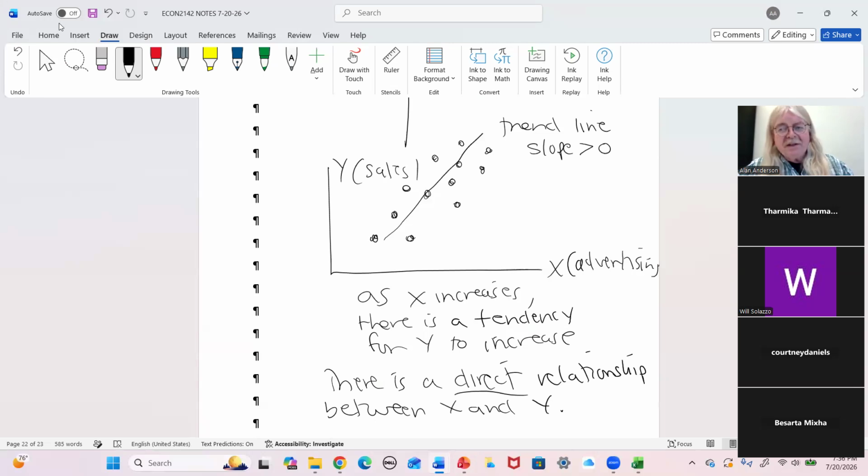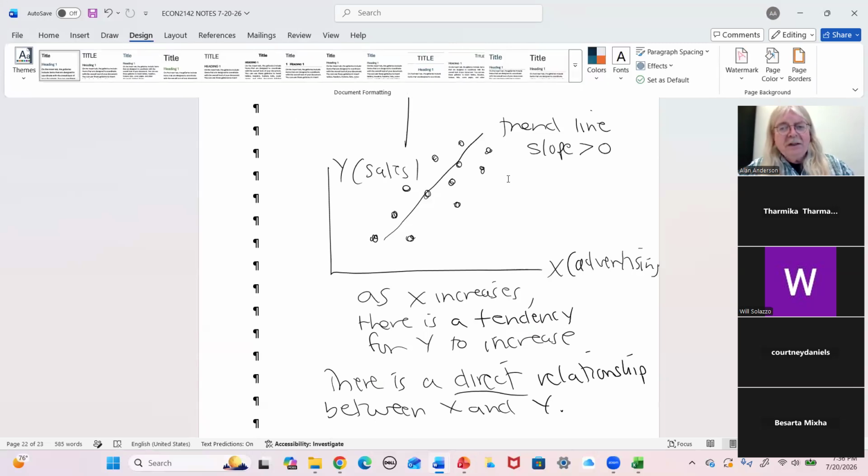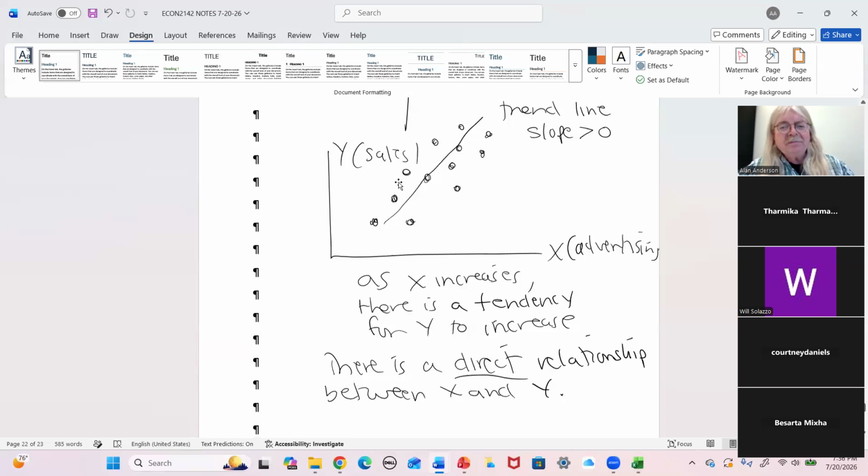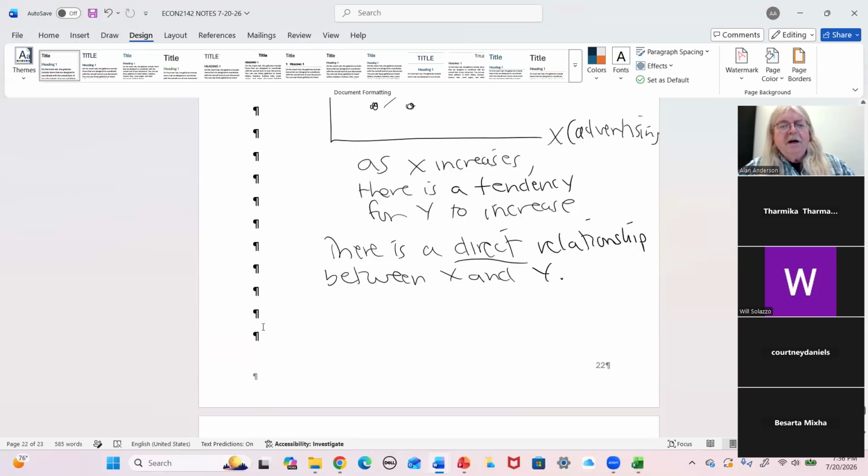Now, I'll tell you what's missing though, and this is the part we're going to include, or we're going to learn how to do this too. The trend line can also tell us by how much sales increase as a result of an increase in advertising.